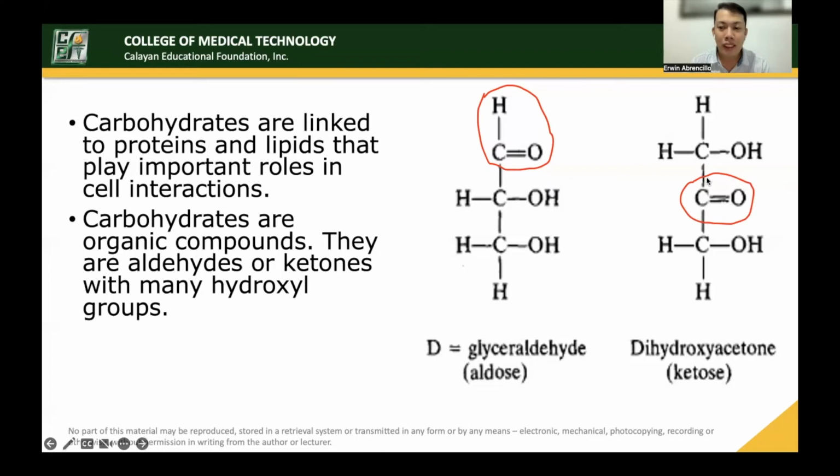So ketone exists between the opening and ending carbon of the compound. So this is a keto. From the word ketone, you'll have here KET, and then OSE for sugar. So the name is ketose. So this is an aldose, and that one is a ketose.